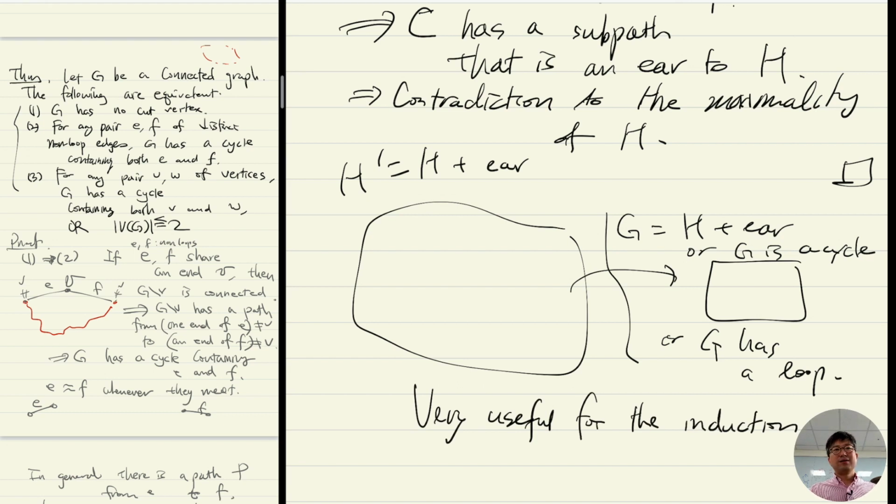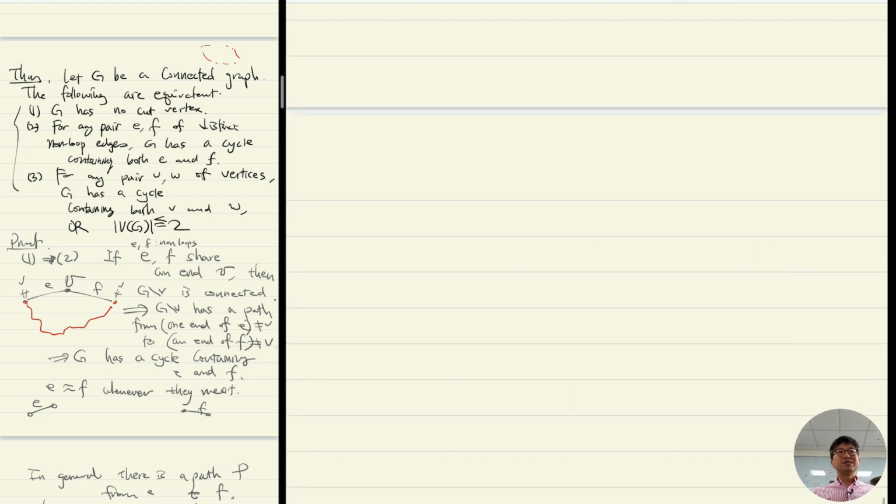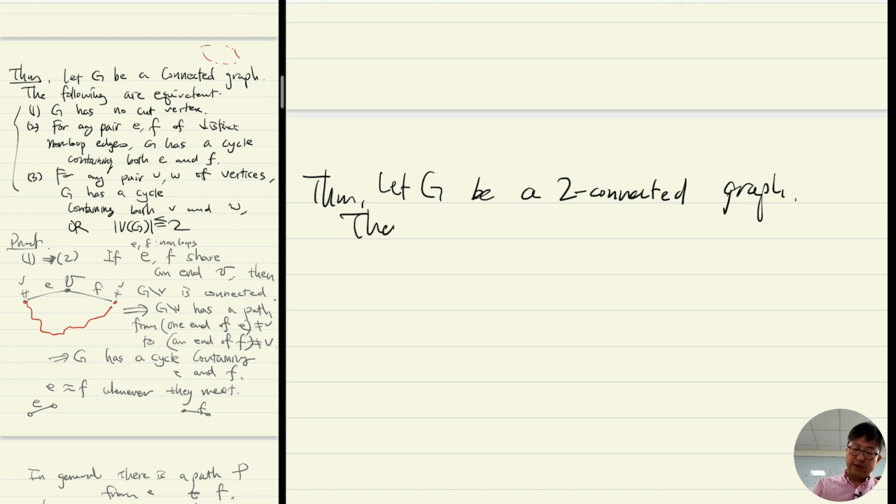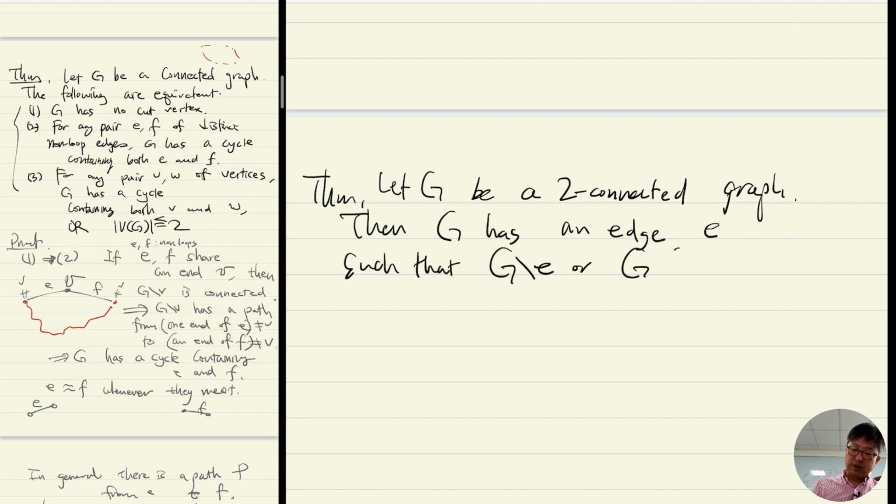Okay. Now I want to show you the next theorem, which will also be useful for induction. So let G be a two connected graph, then G has an edge E such that G delete E or G contract E is two connected, unless there's one counterexample, I mean not one, but anyway, unless the graph is too small.